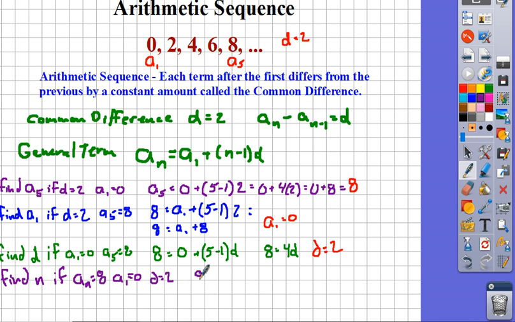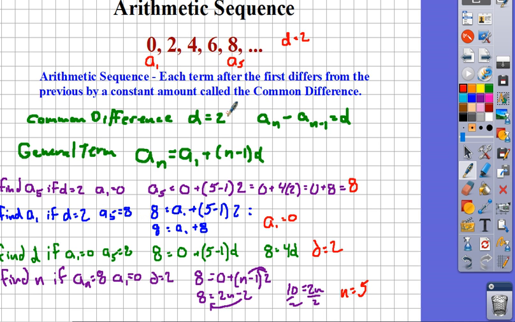So a sub n is 8, a sub 1 is 0, plus n is what we're looking for, minus 1, times common difference d is 2. So we'd end up with 8 equals, let's distribute the 2, 0 doesn't matter, right? 2n minus 2, add the 2 over that way to get 10 equals 2n, divide out your 2 in the very end, and look at that, we just figured out n equals 5.